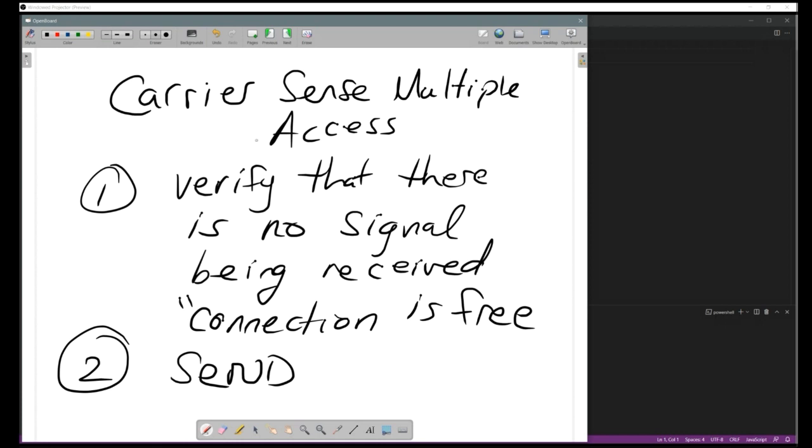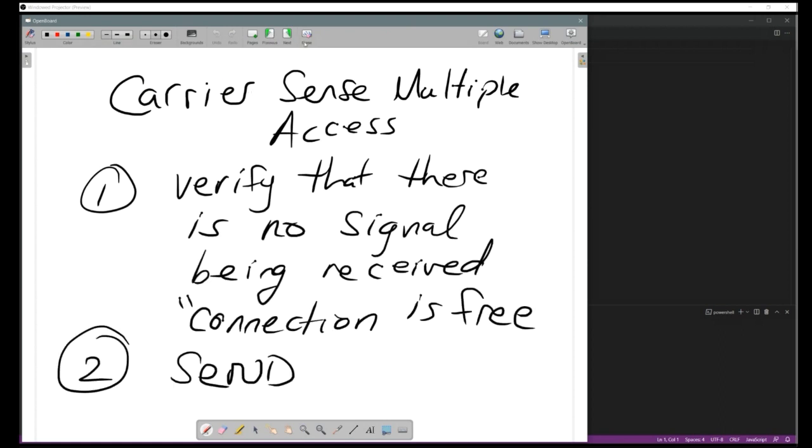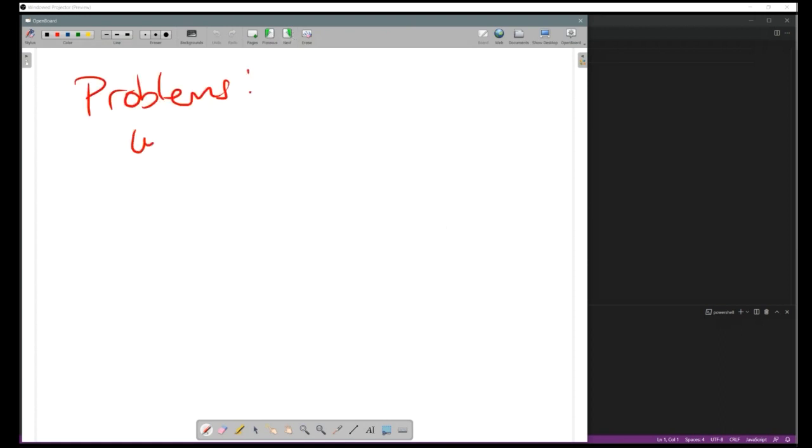So there were some problems with this original algorithm. This works if everyone follows this protocol.